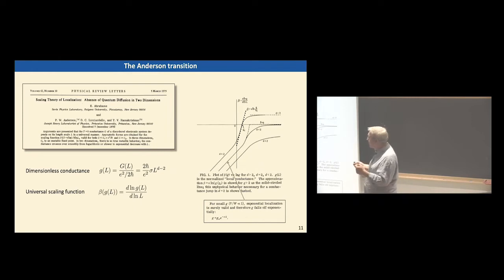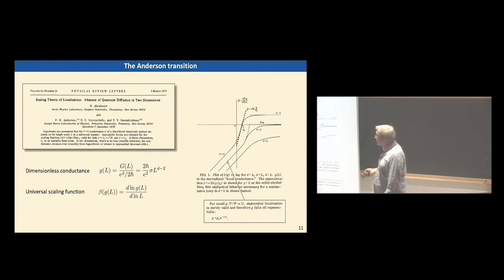The whole idea here, which is striking, is that the way the conductance will grow when you change the size of the sample will not strictly depend on the size of the sample, but will depend mostly on the conductance itself. So there is a parameter beta, which is how you change the conductance when you change the size, and this beta depends in fact not on L but on g.